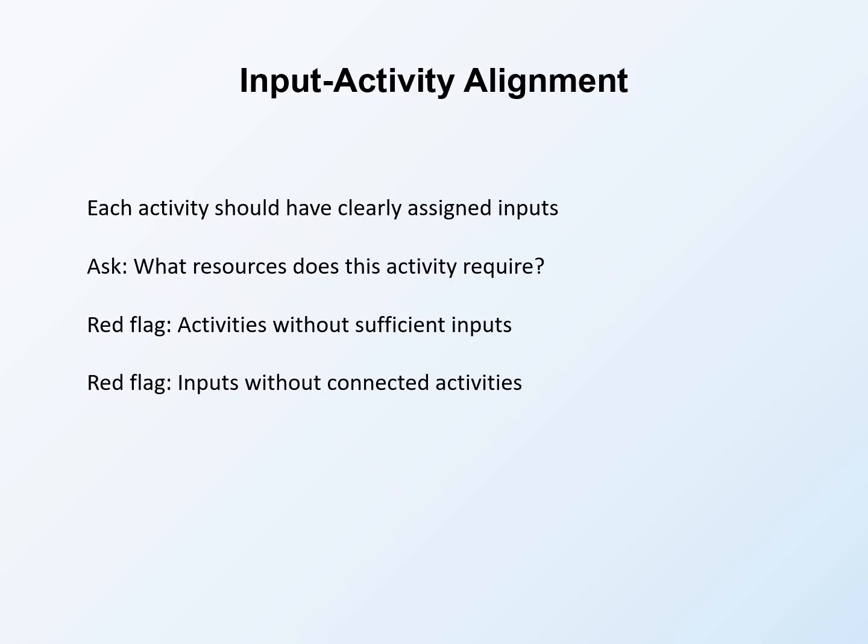Either find more resources or scale back the activity. Red flag. Inputs without connected activities. If you have resources that aren't supporting any activity, why are they in your plan? This sometimes happens when budgets are created separately from program design. Alignment ensures that your plan is realistic and that resources are deployed purposefully.